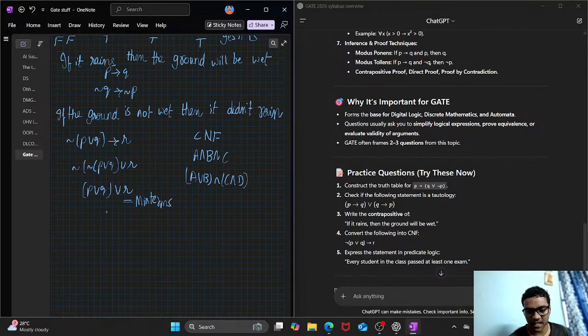This was the statement in predicate logic: every student in the class passed at least one exam.